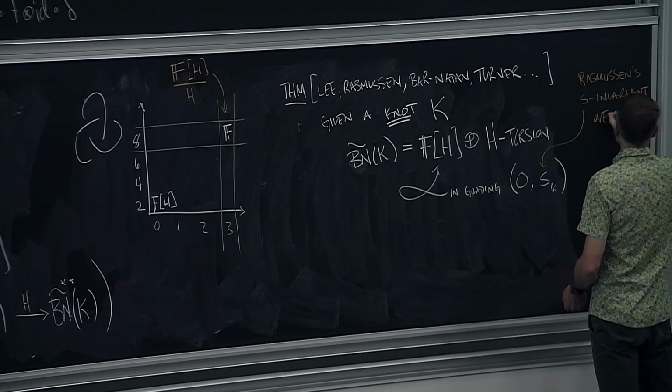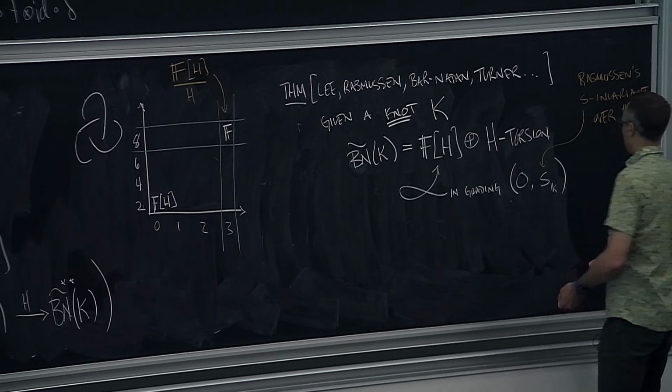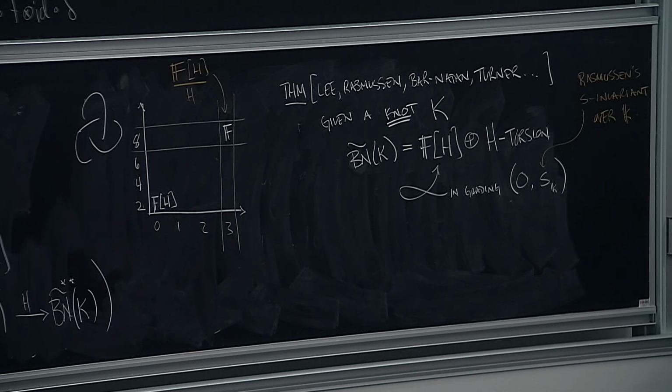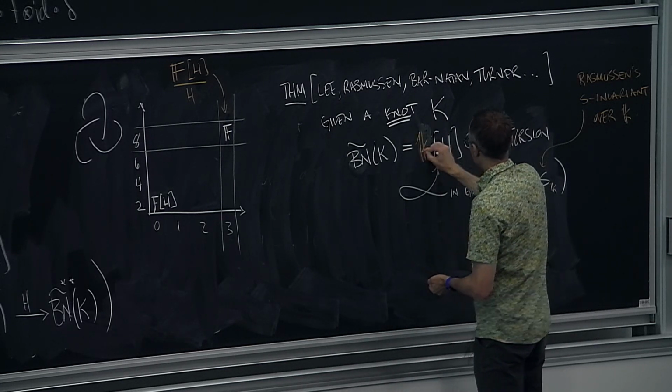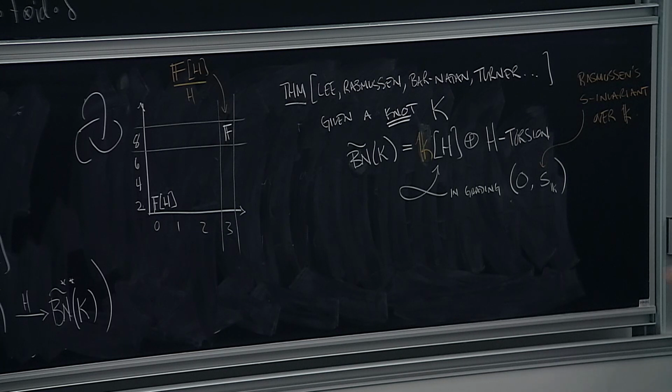And I just want to highlight that you get one invariant for each field K. These do differ in general, which is remarkable. It's for K. Sorry, thank you. I'm going to put my theorems general.